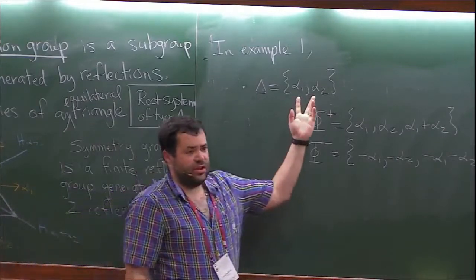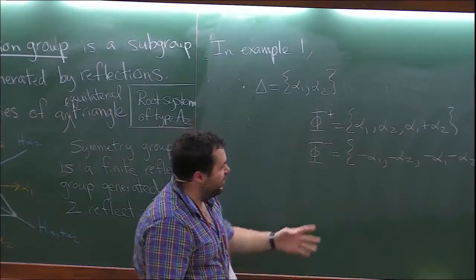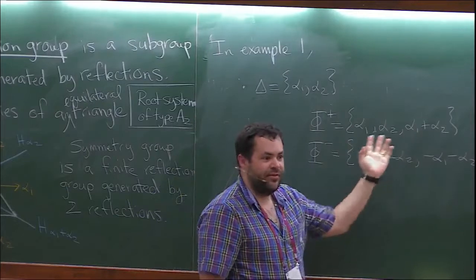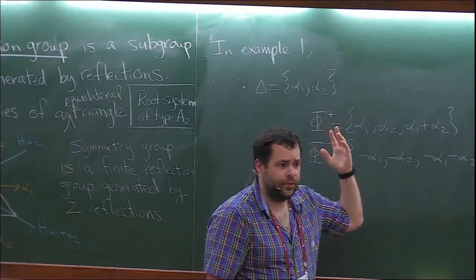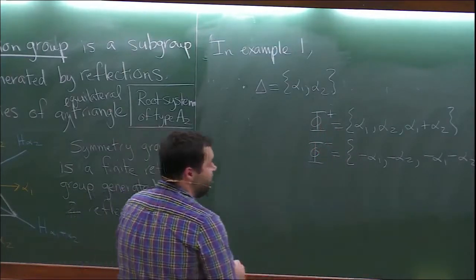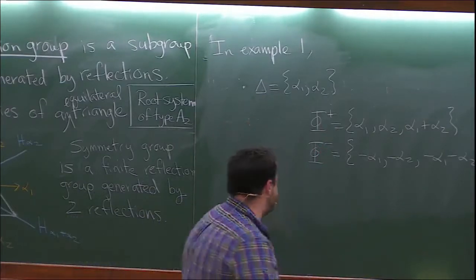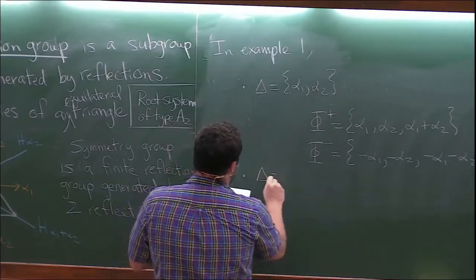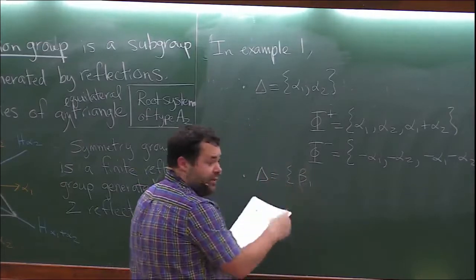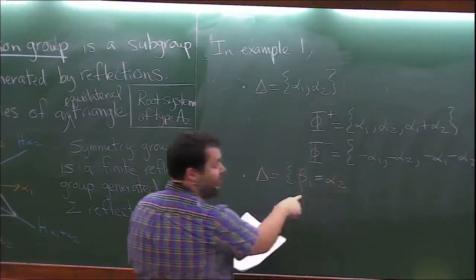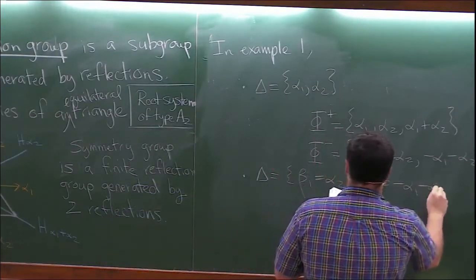And if I chose a different simple system, there's this nice fact that the coefficients of my positive roots are still going to stay the same in terms of that new simple system. Choose a different simple system, say, I'll call it beta because it's different. Let's choose my first simple root to be alpha 2, and my second one to be negative alpha 1 minus alpha 2.